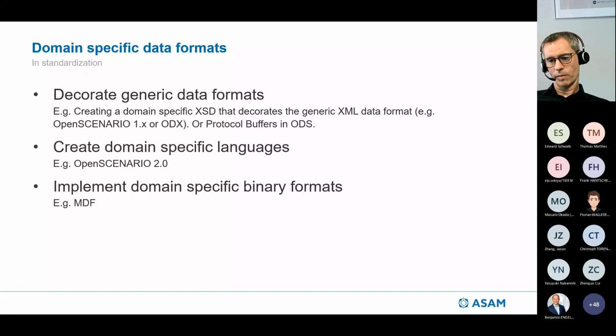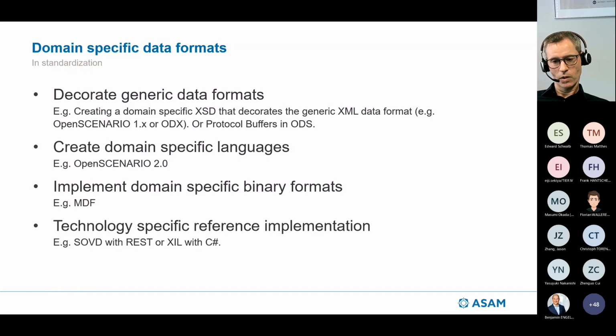We can implement domain-specific binary formats. This is what we're doing in MDF, where a measurement data format is defined that represents the measurement value in a binary format.